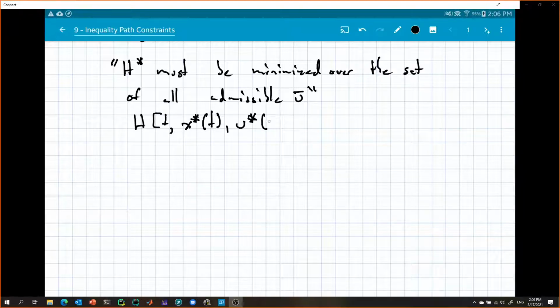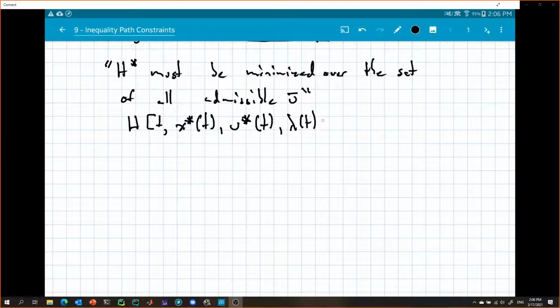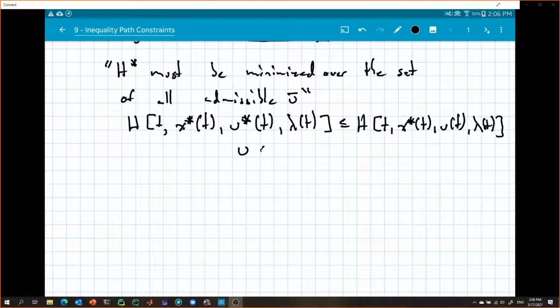So the Hamiltonian with the optimal states and controls is less than or equal to any other Hamiltonian of the optimal states too, but of any other control u within the set of big U. So this is not super clear with my handwriting, but this is a small u, and that's a big U. This is the set notation, and big U is the set of admissible control.